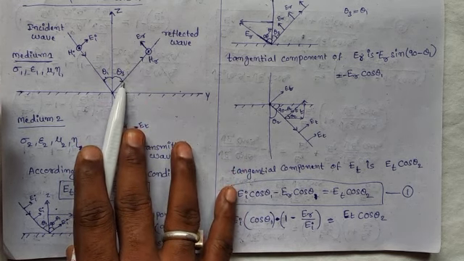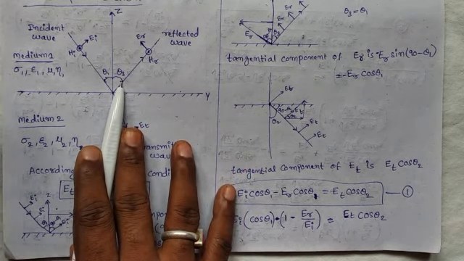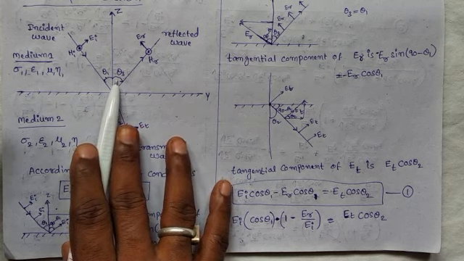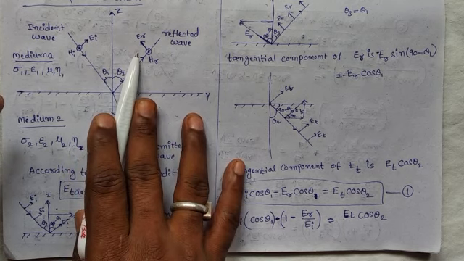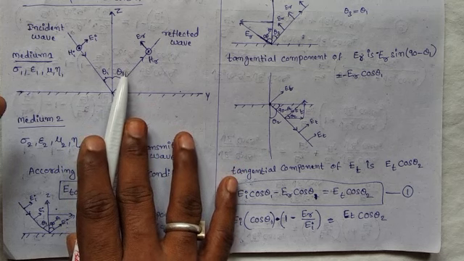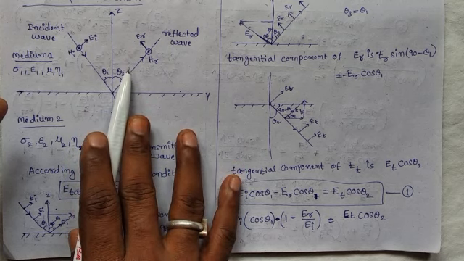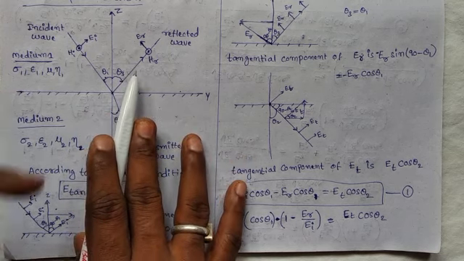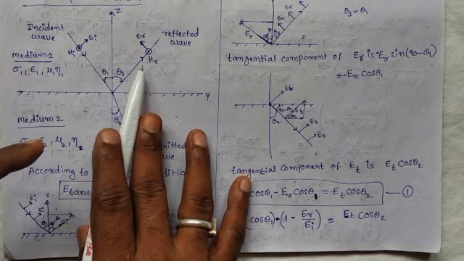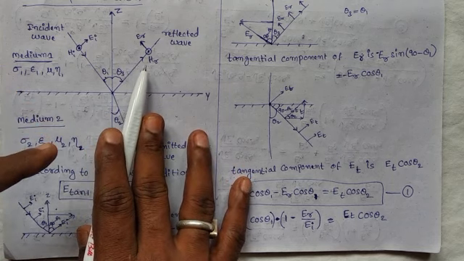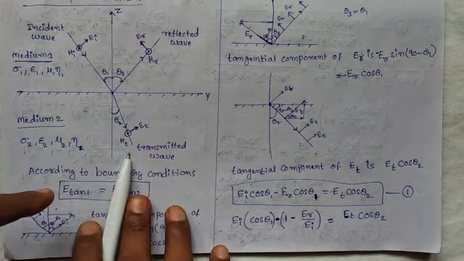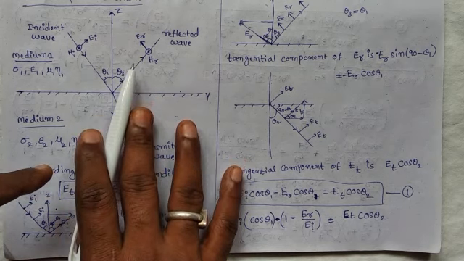From Snell's law, theta 1 is equal to theta 3. The tangential component of the reflected wave is in the opposite direction, so it is minus E_R cos theta 1.